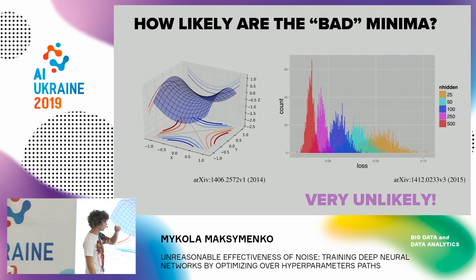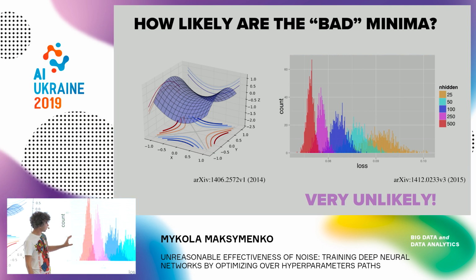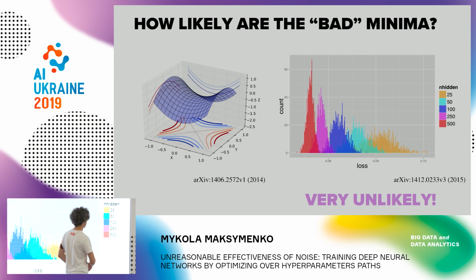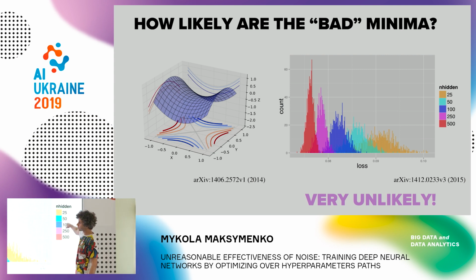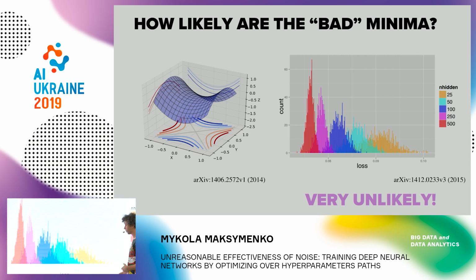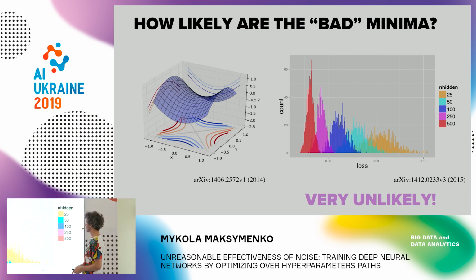So Yann LeCun's group actually looked at the distribution of the local minima, true minima in the model, and they just noticed that if you increase the number of parameters in your model, actually first it shifts towards 0 of the loss, and most of these local minima are actually very close to the global one.